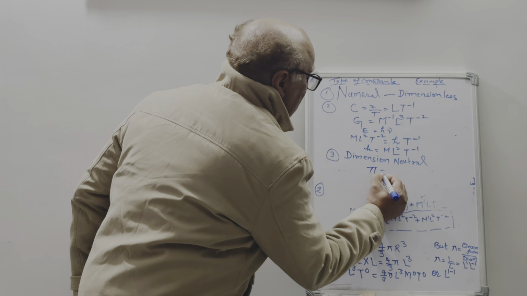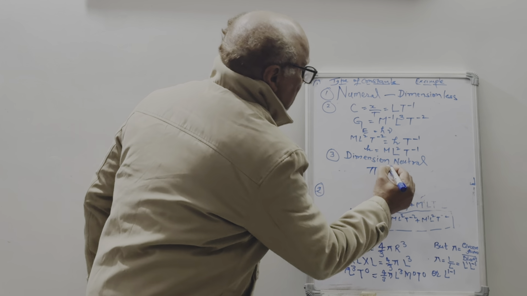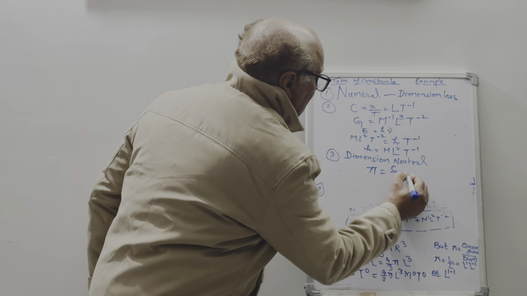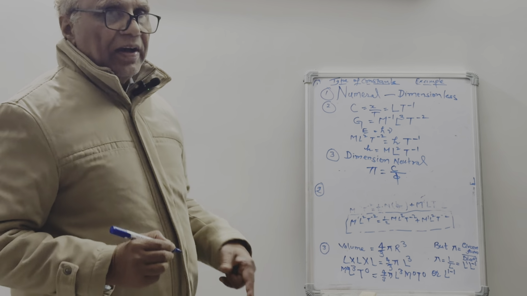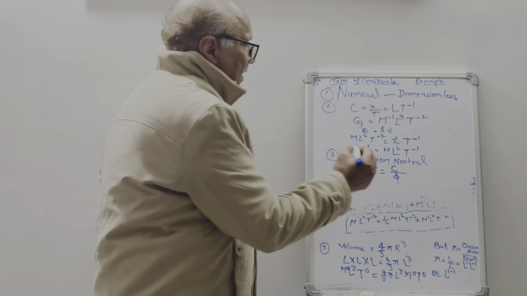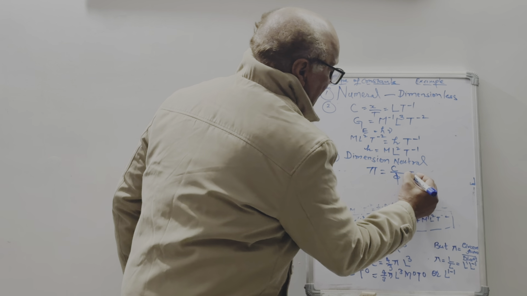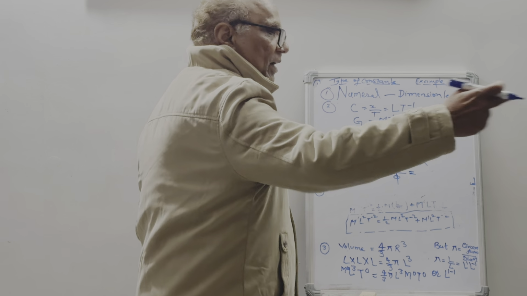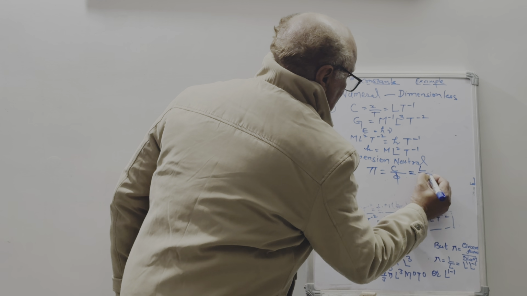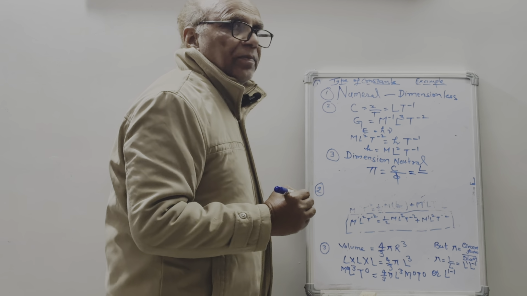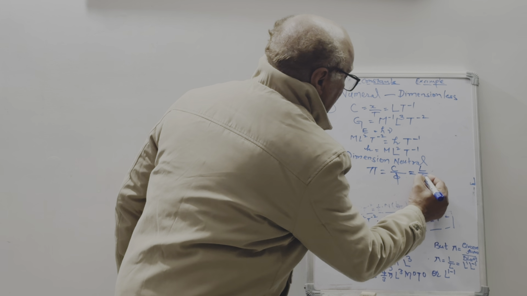Pi is what? Pi is circumference C upon diameter. And what is C? C is length, length of something, length of circumference. And diameter is also given by length, L upon L.